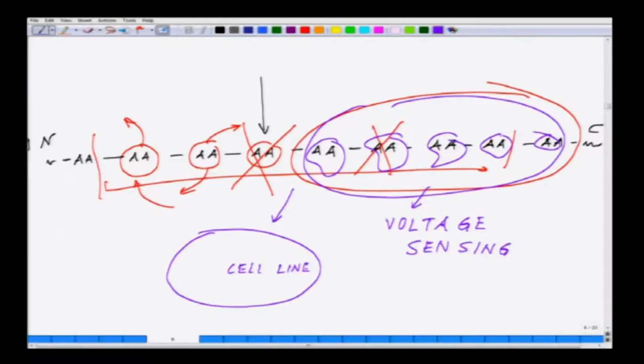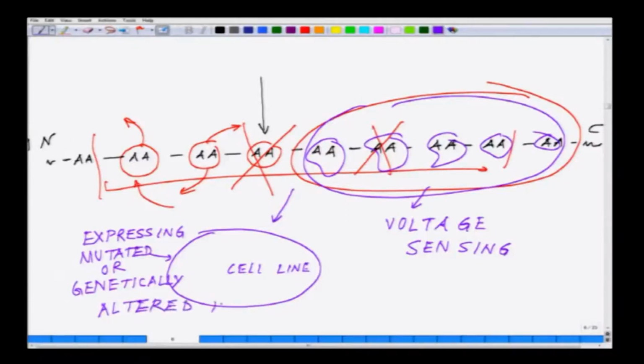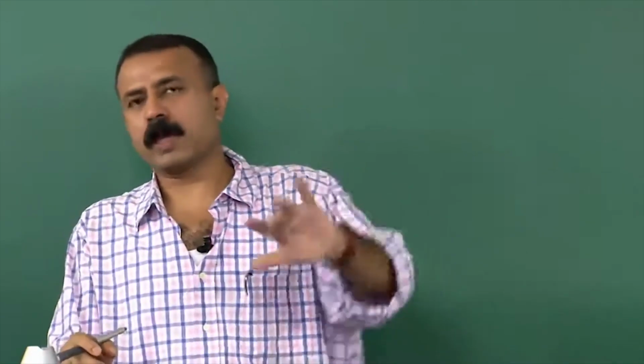So, I am expressing mutated, or genetically altered, ion channels on cell lines. Now you have a cell line which has genetically altered ion channels.